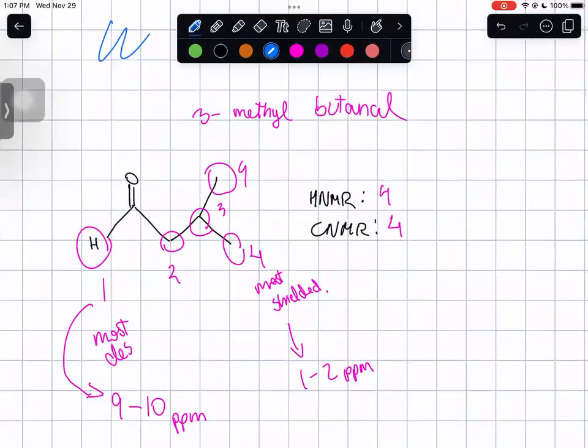Okay, what about multiplicity now? What's the multiplicity for signal 1? It's just a singlet. Signal 2. It's a triplet, I agree.